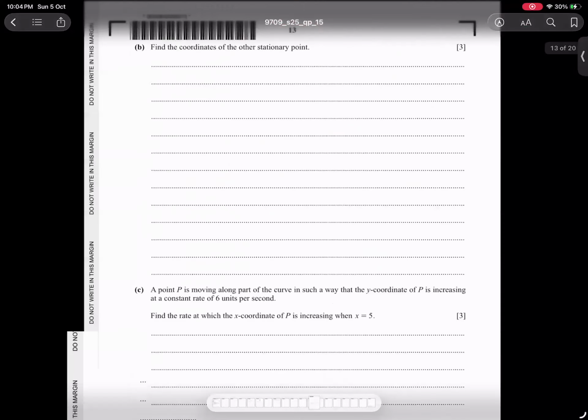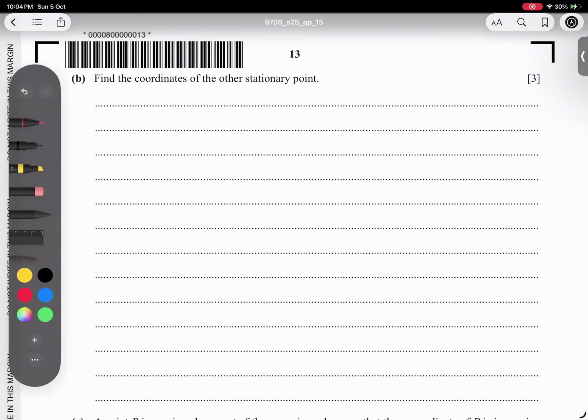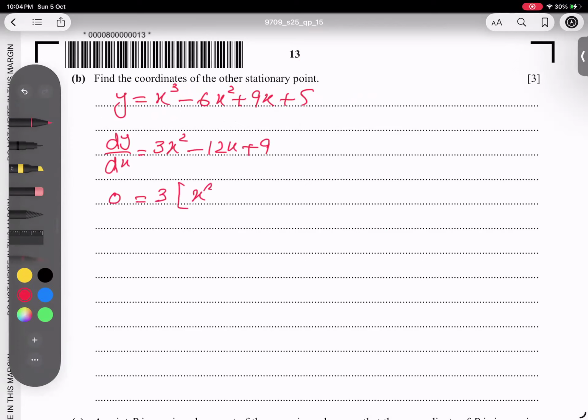On the next page we have to find the other stationary point. This is the equation of the curve we have. I will find the derivative once again. 3 comes down, power 1 less: 12x plus 9. I will plug in 0 and take 3 common from the whole equation. 3 4s are 12, 3 3s are 9, so this goes there and finishes automatically.